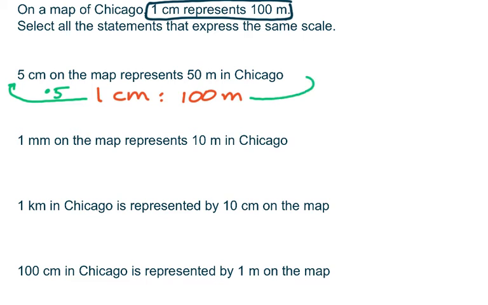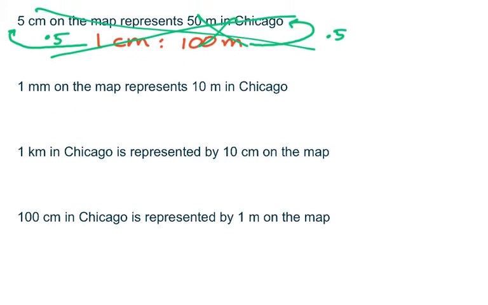Unfortunately, when I tried to use the same relationship over here, it didn't work because 100 meters times 5 does not give me 50 meters, it would give me 500 meters. So that told me that the first relationship is not on the same scale. I'm going to look at the next one.